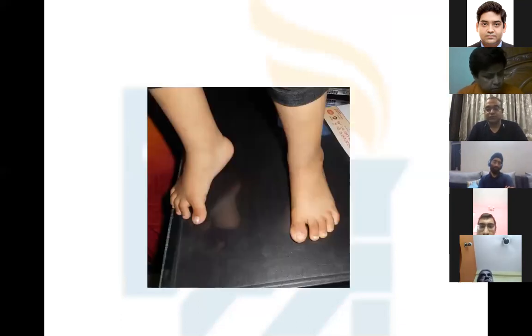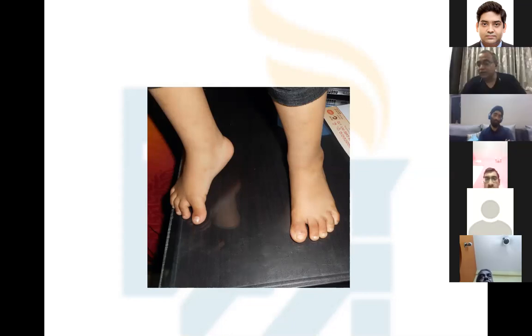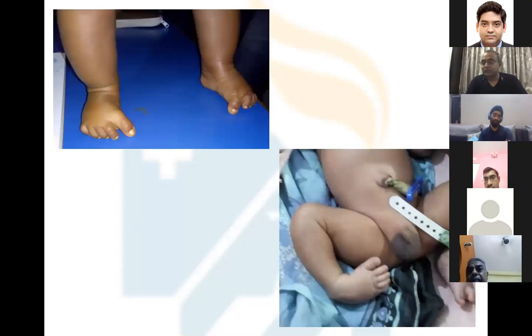In this clinical picture, you can see some amount of equinus deformity still existing. This is a case of a relapsed CTEV, where the foot is definitely smaller compared to the other one. That is again an important aspect of inspection: when you see a deformity, you have to be careful in noting the size of the foot also.